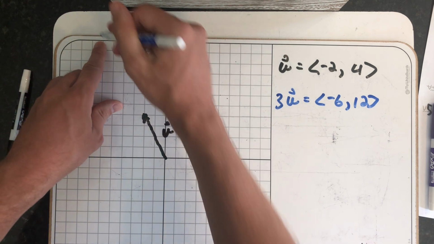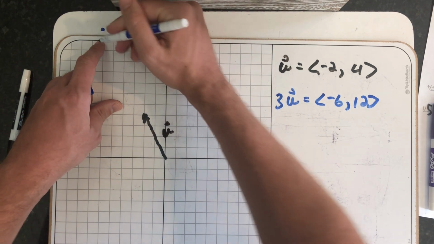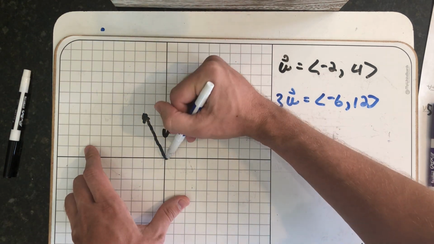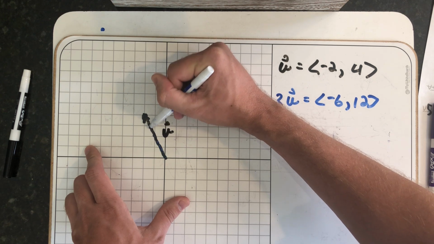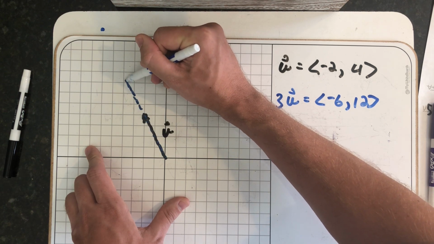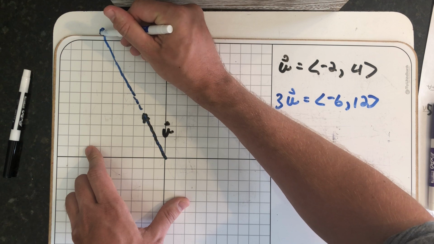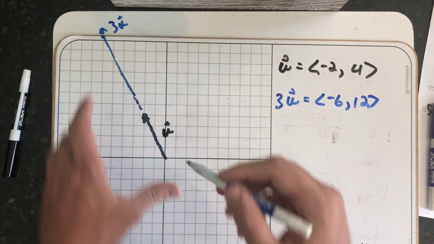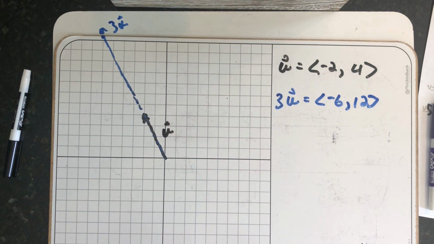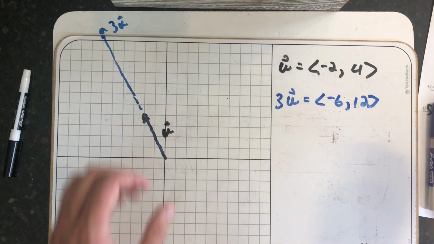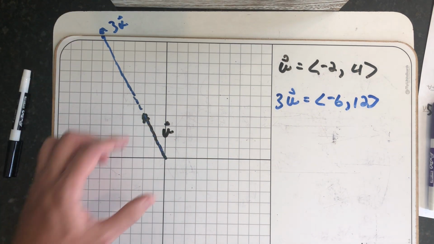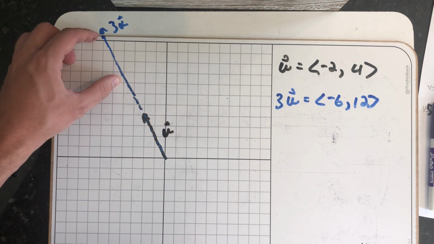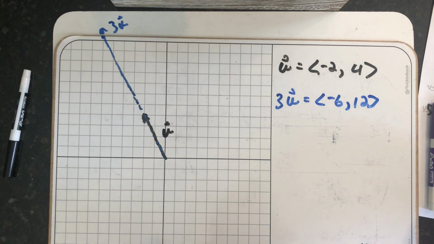That was 11, and so 12 would be something like right there. And so what I see is the vector 3 times u is this vector that even runs off my board. So I see right away an effect of multiplying a vector by 3 is that it got longer. And in fact, it got 3 times longer.